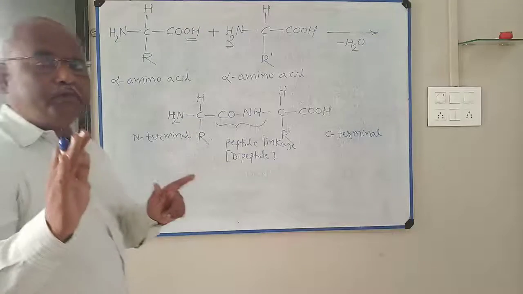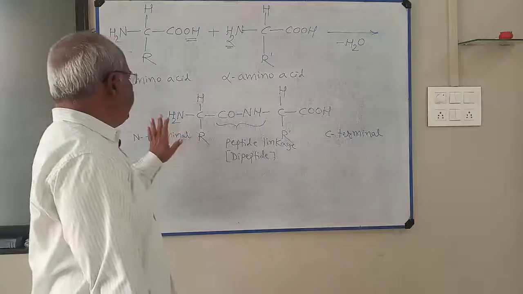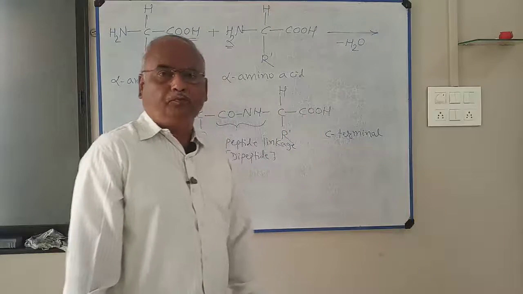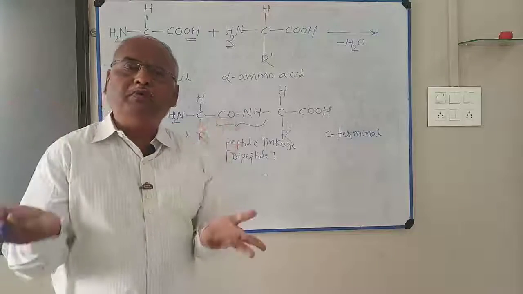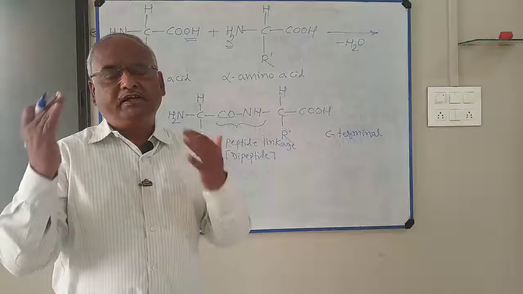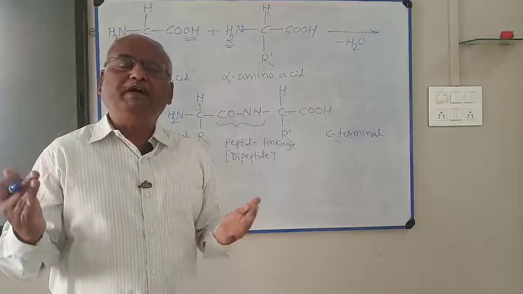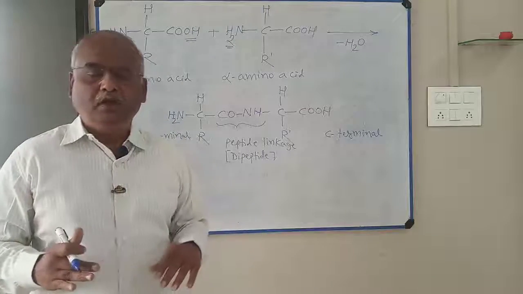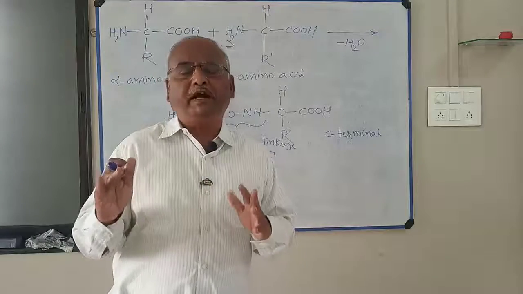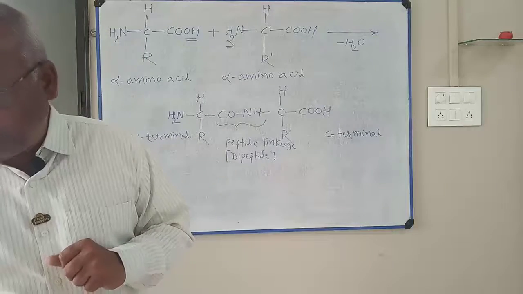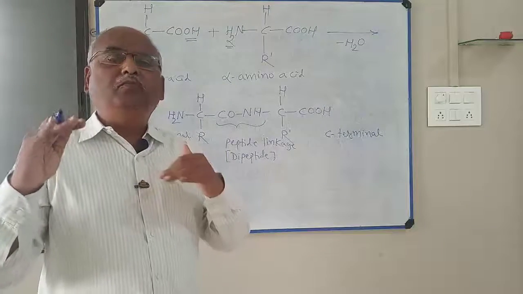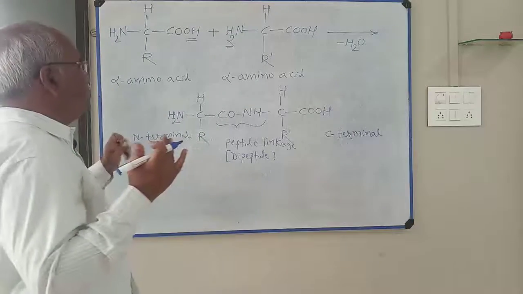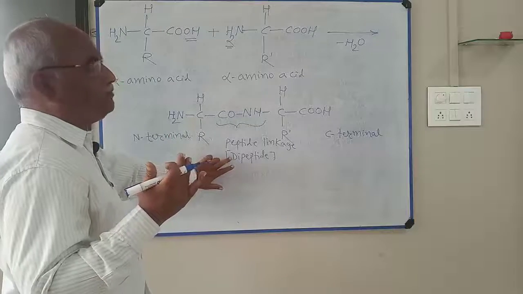A dipeptide contains free NH2 group and free COOH group. Therefore, it can form tripeptide, tetrapeptide, pentapeptide. Like this, polypeptide or protein is produced. Protein is polypeptides formed by alpha amino acids which contain more than 100 alpha amino acids. So this is about formation of dipeptide.